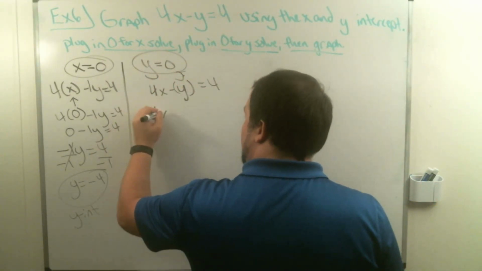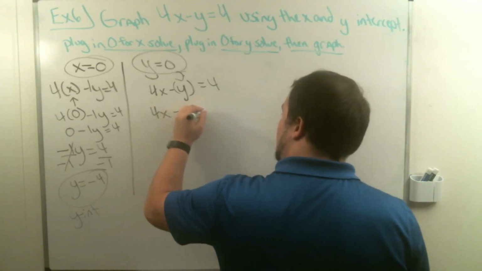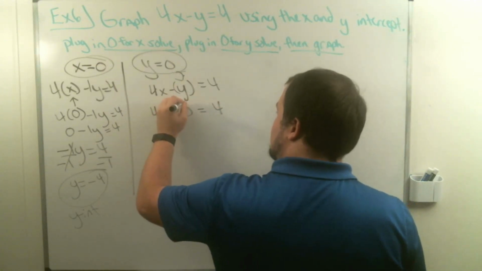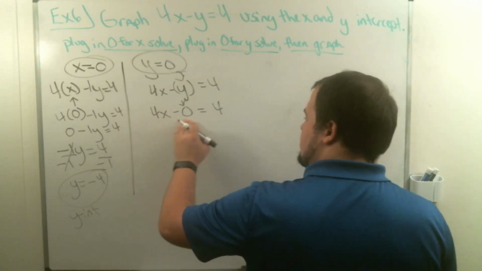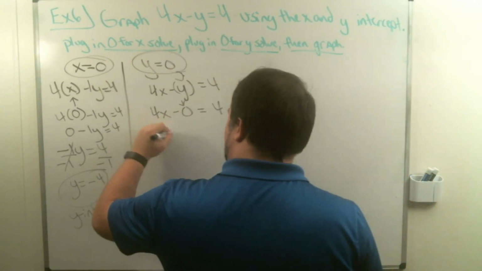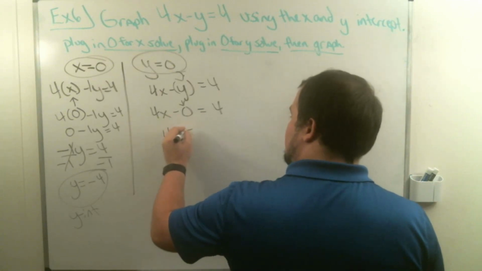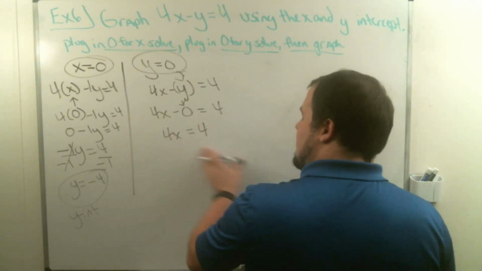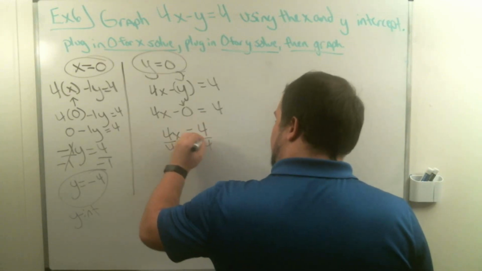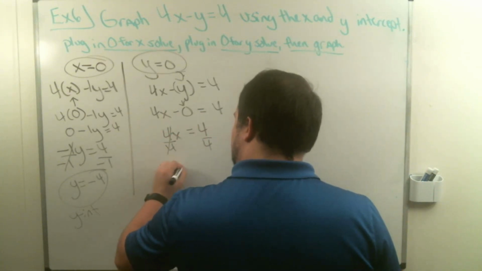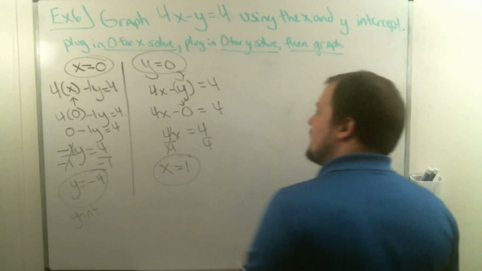We have 4x minus 0 equals 4. Notice that I changed the letter y to 0. If I take 4 x's and I minus nothing, I still have 4 x's. Now, I'm going to solve for x. We divide by 4, and we get x equals 1.